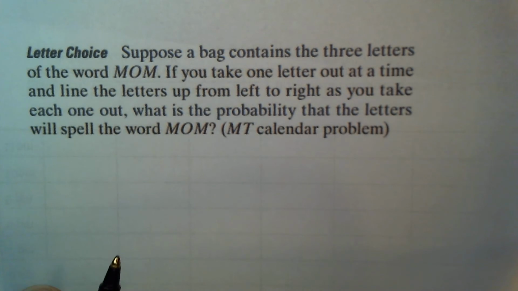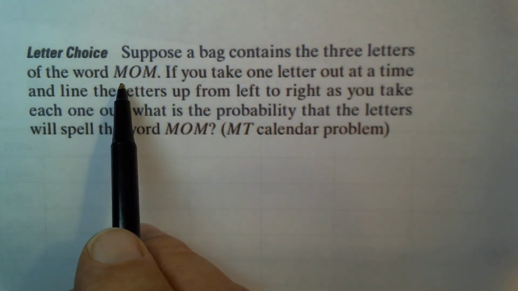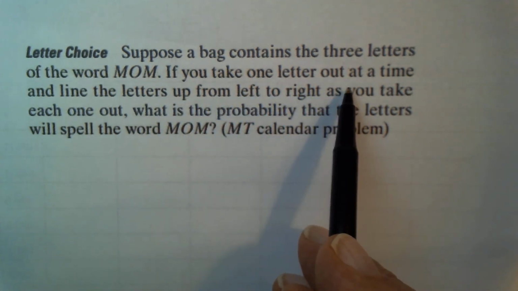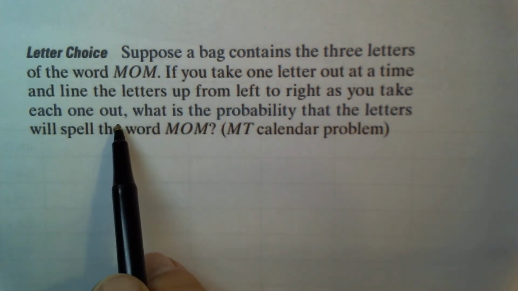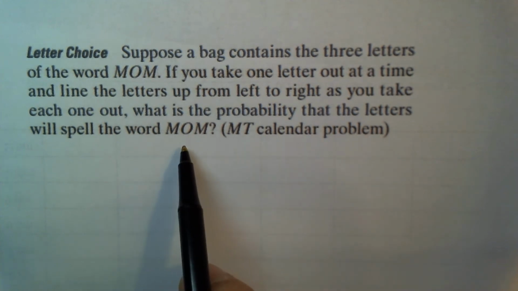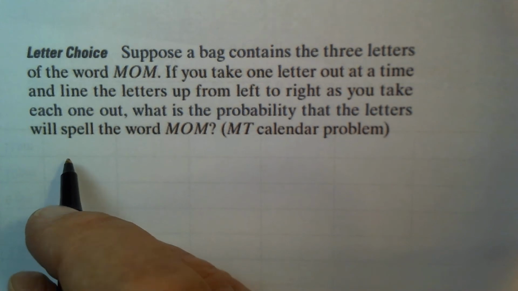Here's another example about letter choices. Suppose a bag contains the 3 letters of the word MOM. If you take one letter out at a time and line the letters up from left to right as you take each one out, what is the probability that the letters will spell out the word mom? Well, let's look at a sample space.